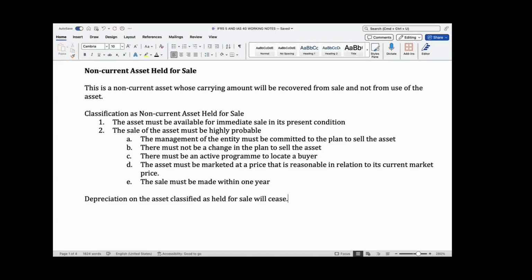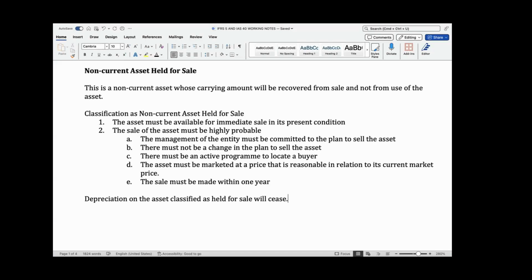And the reason is clear. Depreciation is a systematic allocation of the cost or depreciable amount of an asset over its estimated useful life. In the case of an asset held for sale, we don't have any estimated useful life anymore. So there is no practical way to spread any cost anymore because now you want to sell it.